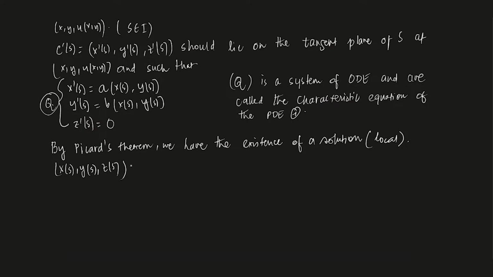So this lies on s, right? And this actually is the curve c of s, which is given by this. Now this curve c of s is called the characteristic curve or the integral curve for the PDE1.